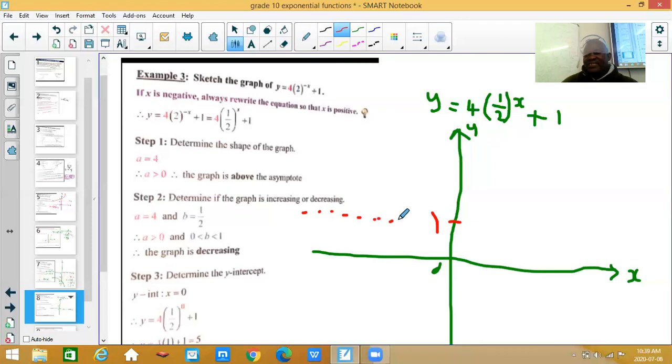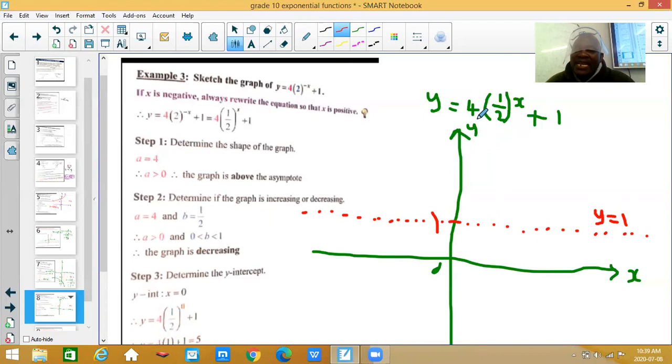They decided to end with this one, maybe because they are learners, they understood it that way. It doesn't matter, right? You have your horizontal asymptote, which is y is equal to what? Y is equal to 1. I would rather prefer to start from there. Y is equal to 1.